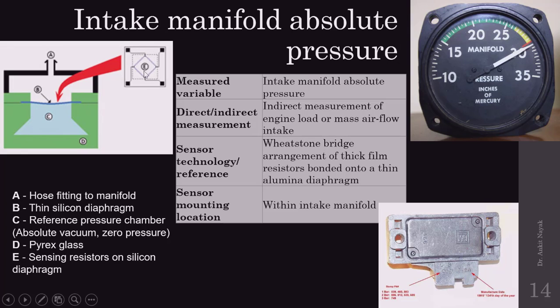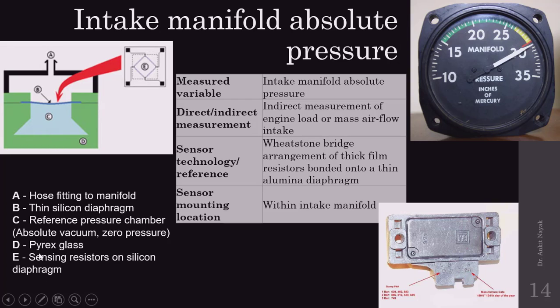Here you can observe, there will be a connection in the form of a Wheatstone bridge. By measuring the changes in that resistance, we can correlate the change of that resistance with the pressure difference. Here in this chamber, it is the reference pressure chamber, or absolute vacuum, or zero pressure we can consider.